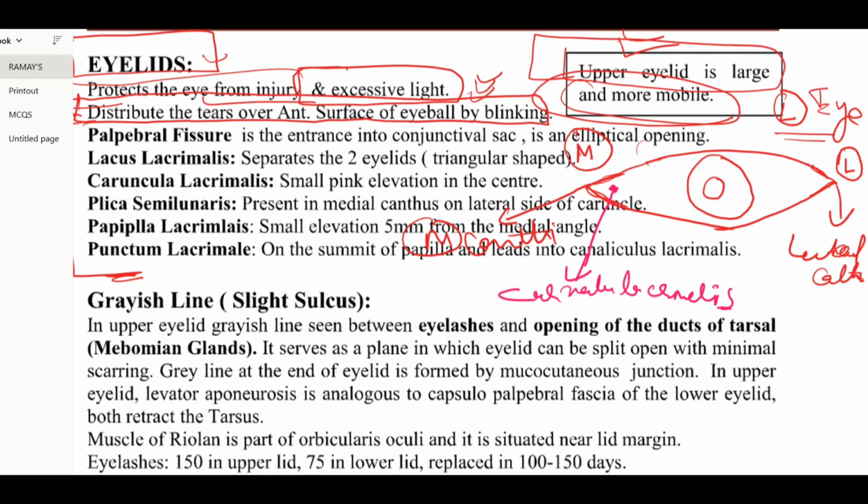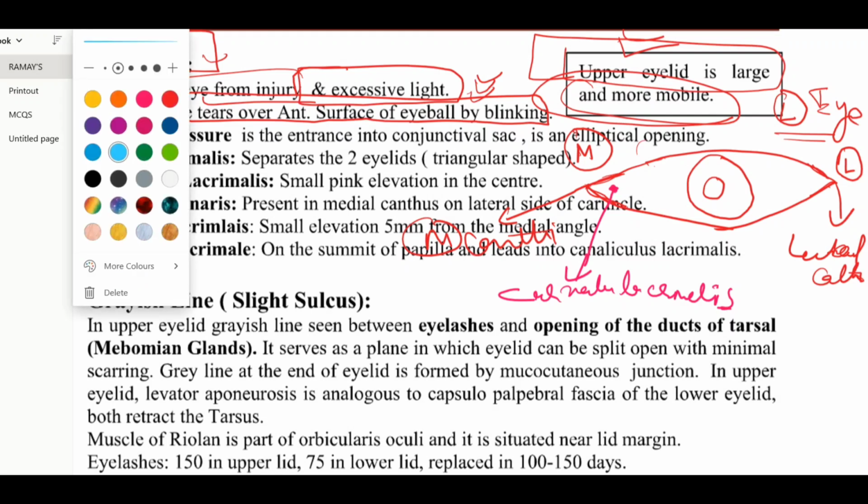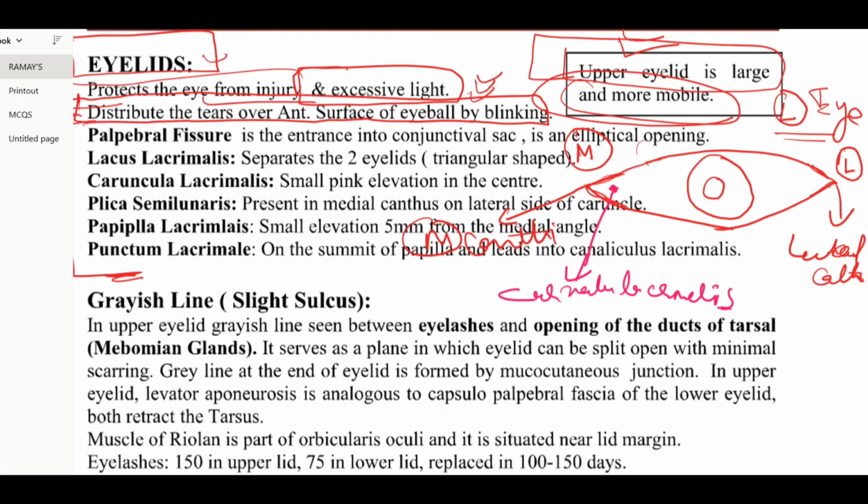The structure which separates this elevation from the rest of the eyeball is known as the plica semilunaris, present in the medial canthus on the lateral side of the caruncle.